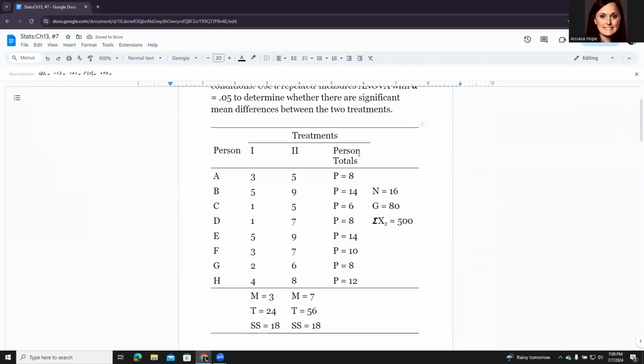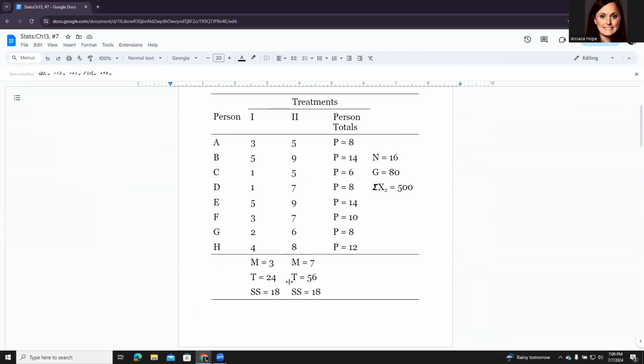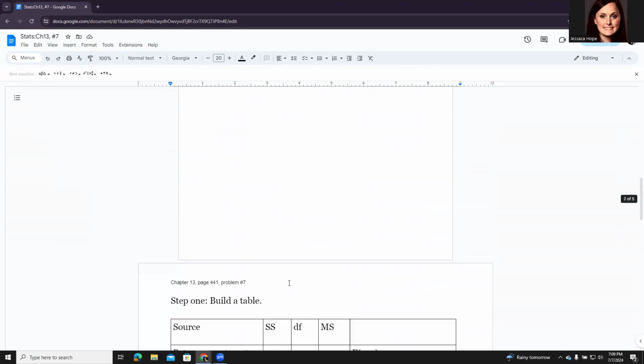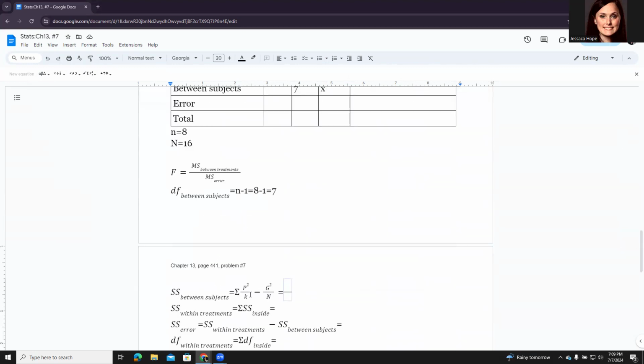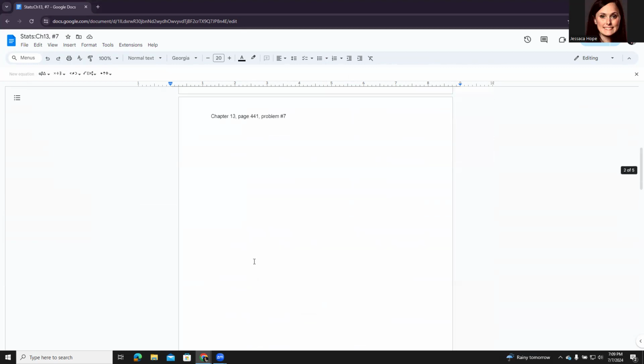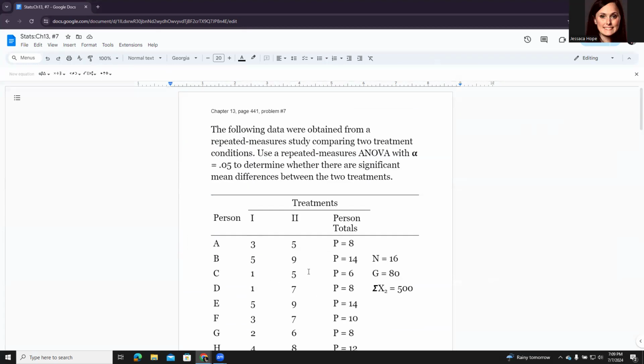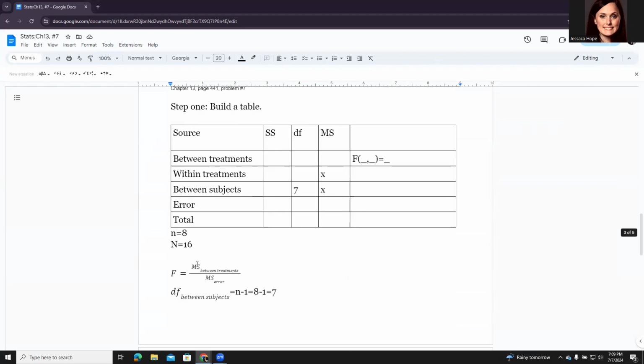So there's your P's: 8, 14, 6, 8, 14, 10, 8, and 12. You have to do all of those over k. Now, what is k? K is the number of treatments. There's 2. K is going to be 2. I'm going to go ahead and stick that here.